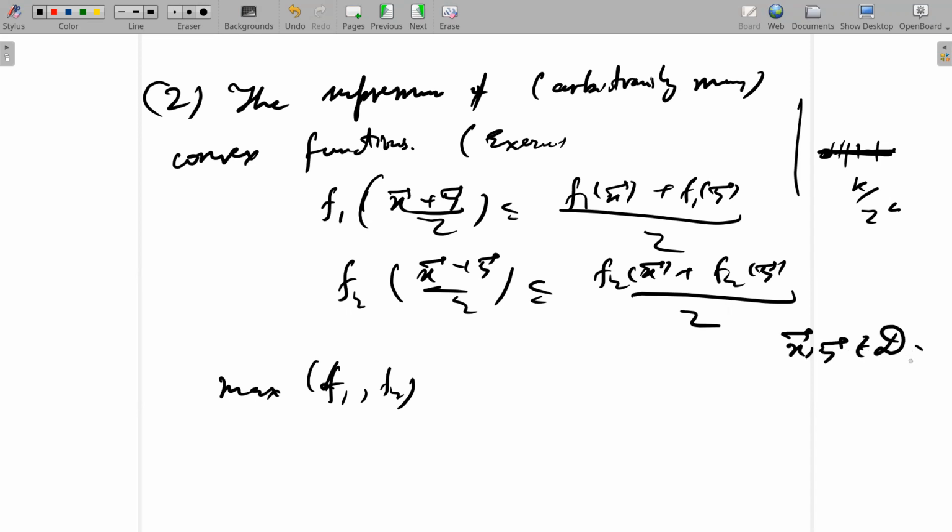Here the continuity argument was essentially because D is a domain, so there is a ball around it which is completely contained in D. If all these points are in there, then of course the whole segment is also in there. Those are some details you have to check. But the point is, for two functions you can immediately show from these inequalities that the maximum of f1 and f2 must also satisfy this.